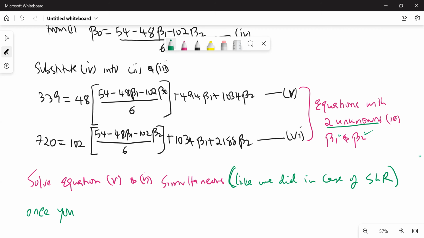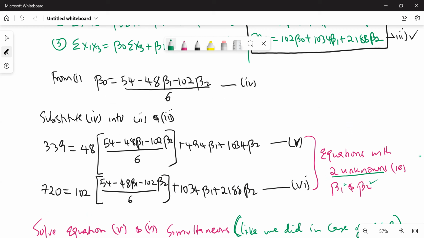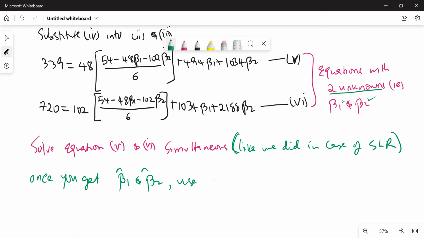Once you get beta 1 and beta 2, of course, these are estimates, you use equation 4 to get the estimated value of beta naught. So when you do that, you'll end up with the estimated values of beta naught, beta 1, and beta 2.